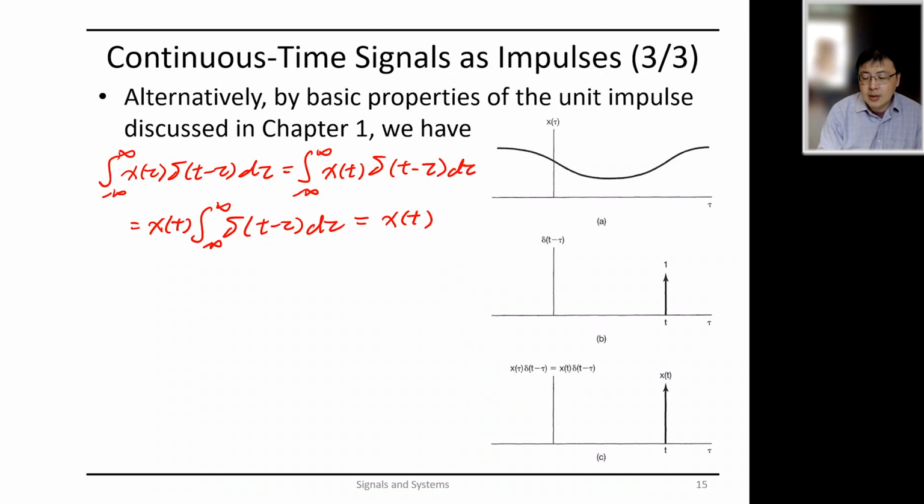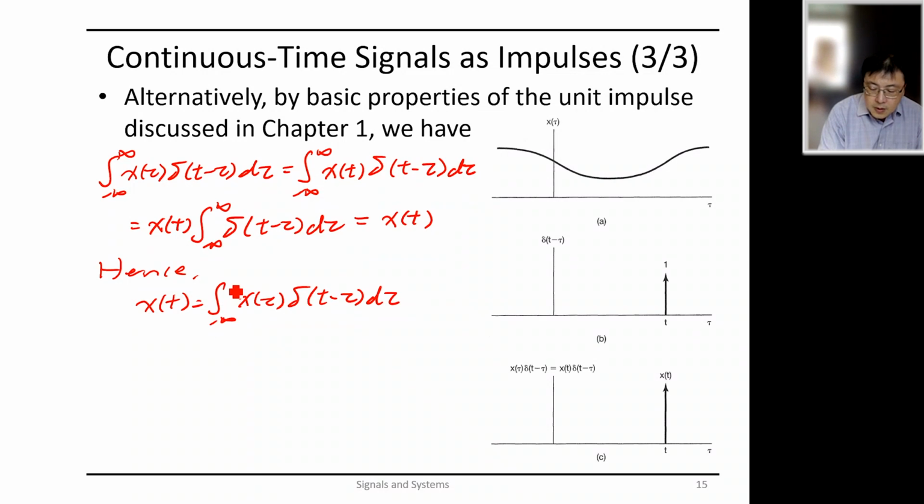So this is a simple way to derive the shifting property, using the basic properties of the unit impulse that we discussed before.